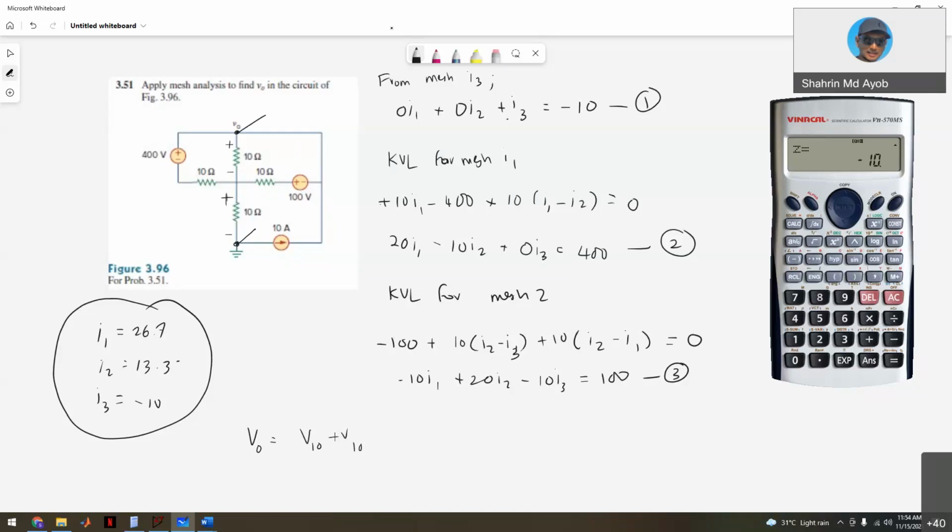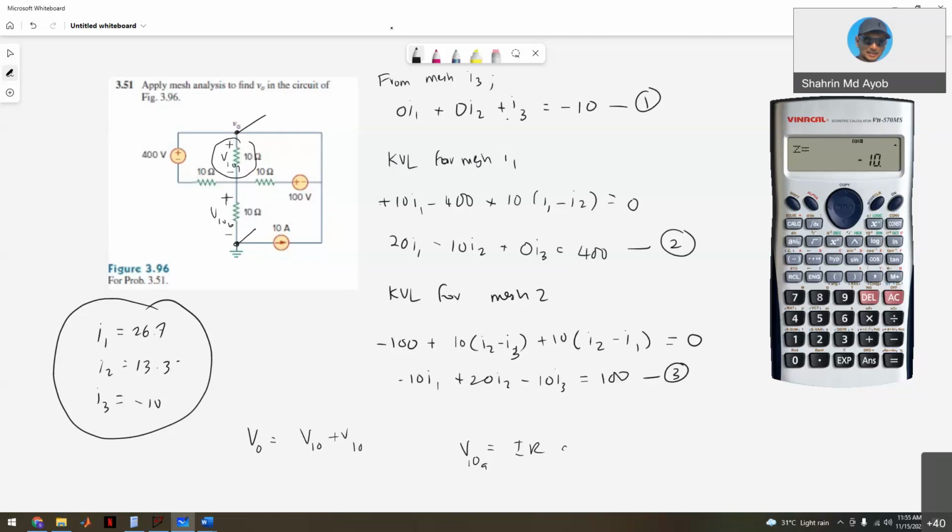So right now, what is the voltage across this one? V10, the first one, I define as V10A, and this one is V10B. So V10A is actually IR.